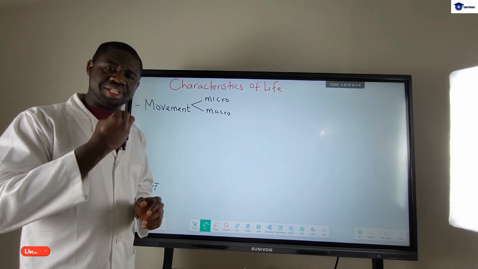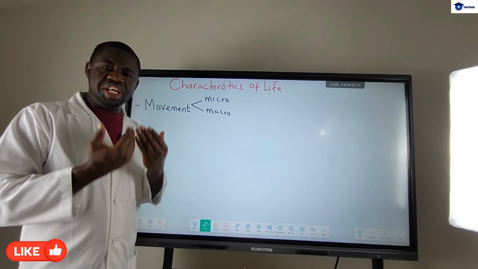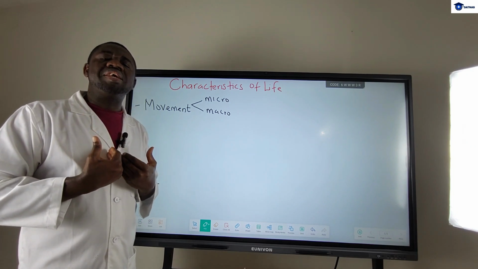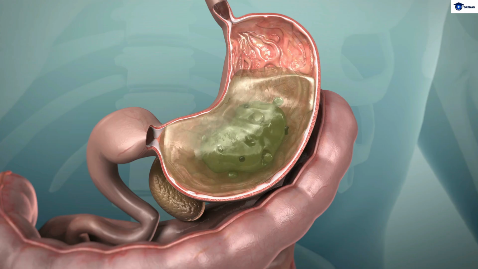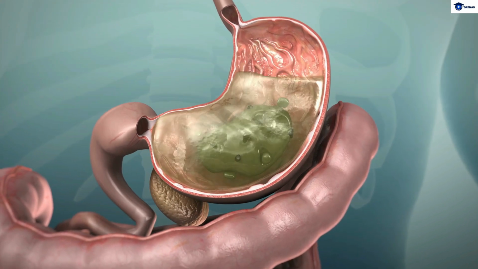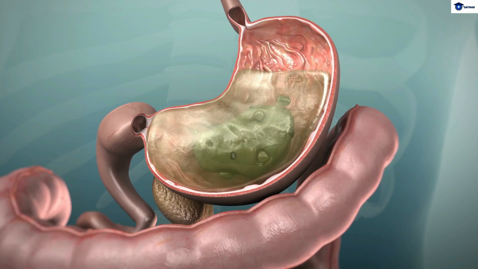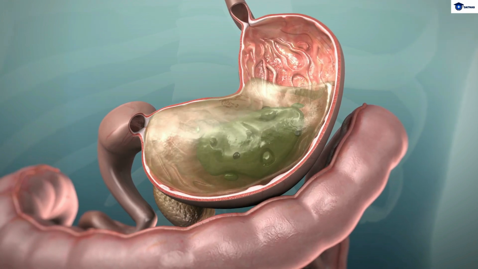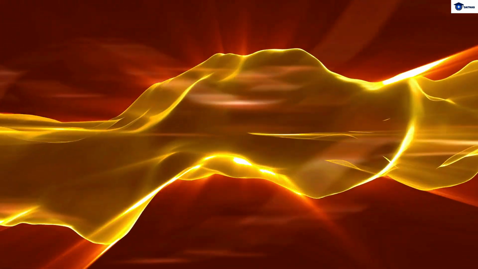When you eat, the rhythmic contractions of the muscles in the esophagus help to propel food downward to the stomach, the churning activity of the stomach is brought by the rhythmic contractions of the smooth muscles in the stomach, the peristaltic movement in the intestines is brought by the rhythmic contractions of the muscles.